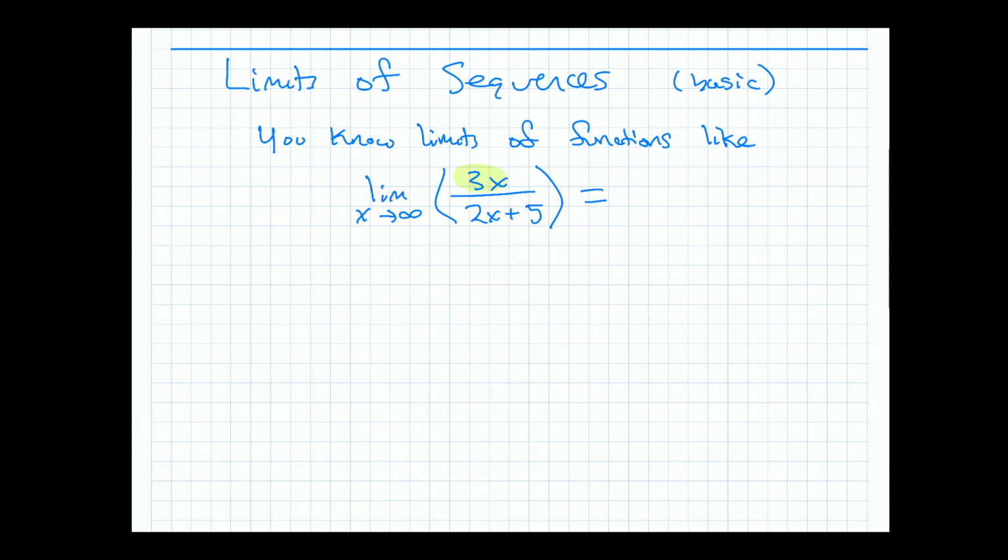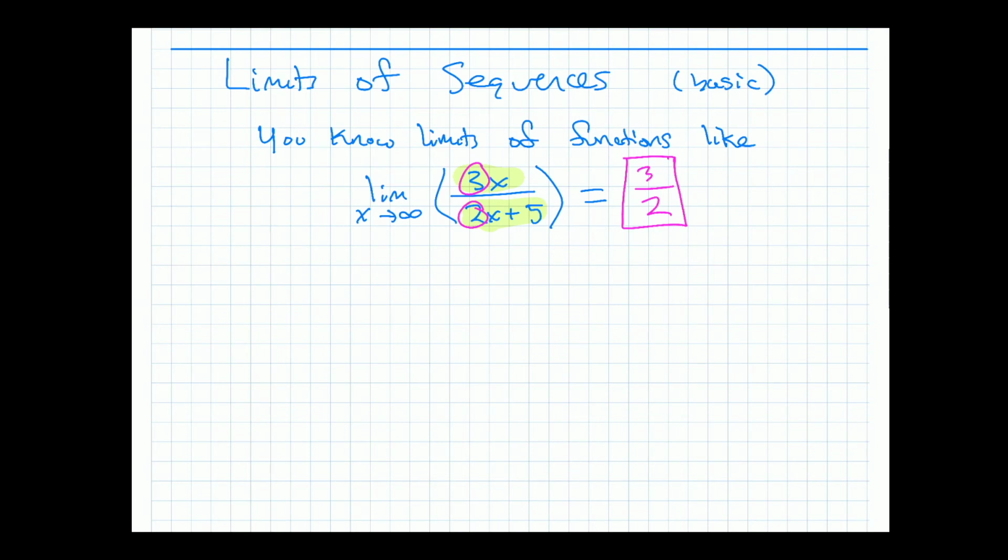If you have the same degree polynomial on top and on bottom, then the result is going to be just the ratio of the leading coefficients. So your leading coefficients are 3 and 2, then your answer here would just be 3 over 2. That would be your limit.